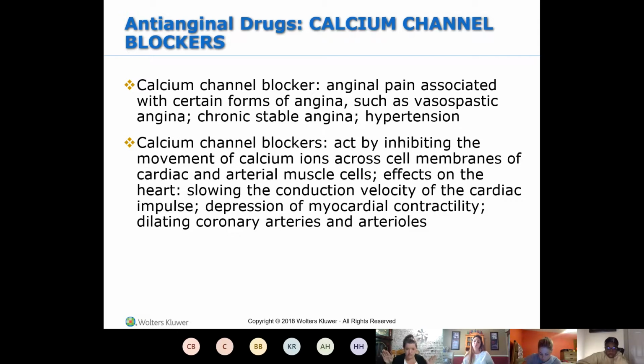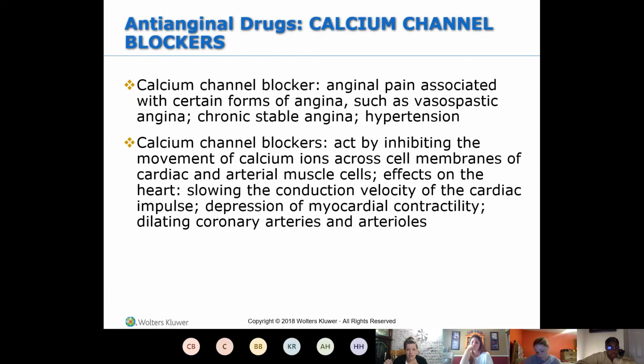We understand the difference? Okay, so calcium channel blockers act by inhibiting the movement of calcium ions across cell membranes of the cardiac and arterial muscle cells. When they do this, they affect the heart by slowing conduction velocity of the cardiac impulse. Remember when y'all learned about the AV node and the Purkinje fibers and the electrical flow within the heart?